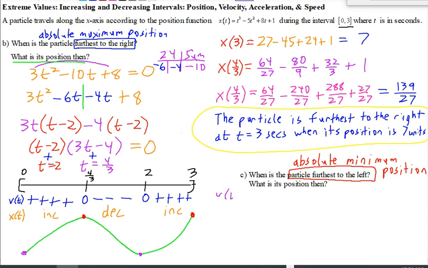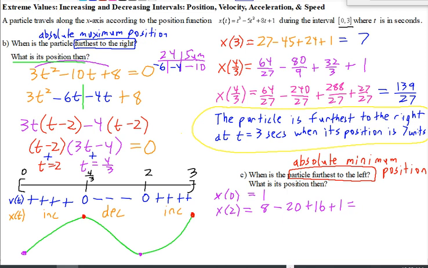So x of 0, we'll know the position there. x of 0 is going to wipe out everything but the 1, so you just get 1. And x of 2: 2 cubed is 8, minus 2 squared is 4 times 5, so minus 20, 2 times 8 is 16, plus 1.